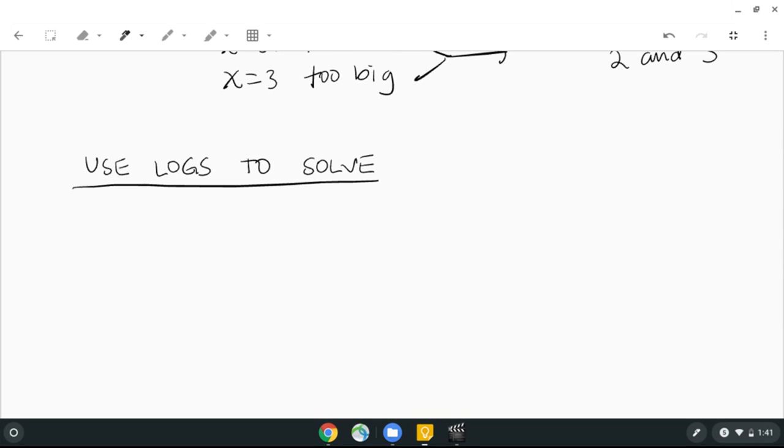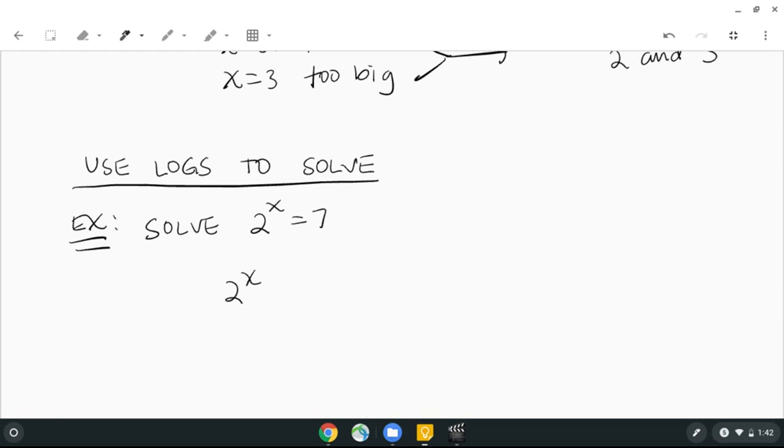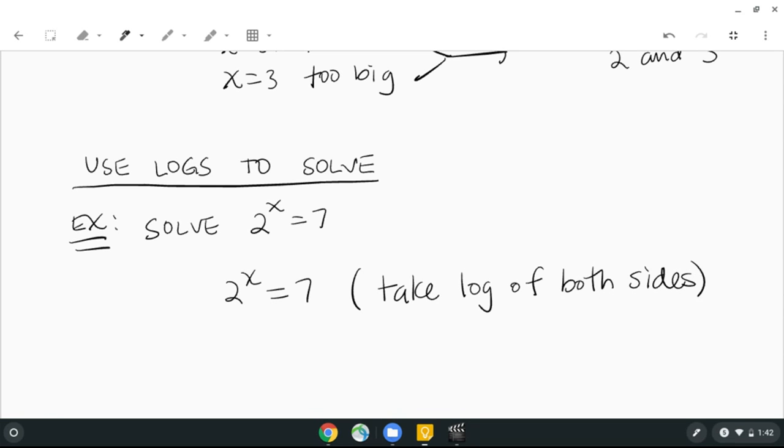All right, so let's go ahead and take that same problem, 2 to the x equals 7. Okay, so what we want to do here is take the log of both sides. So let me go ahead and write that problem down here. And it doesn't matter which log you use on your calculator.